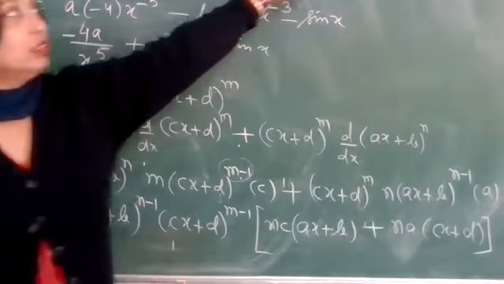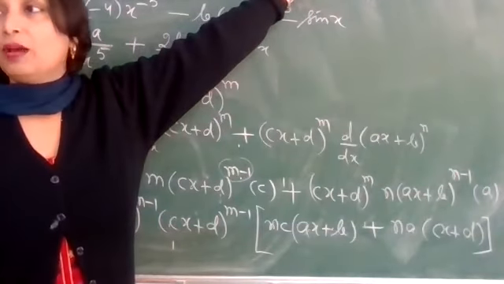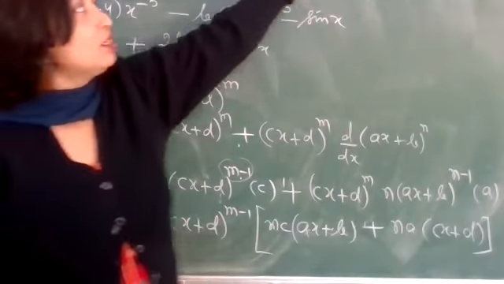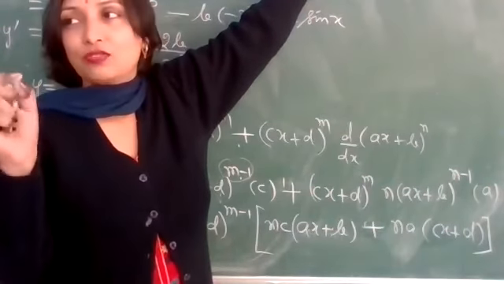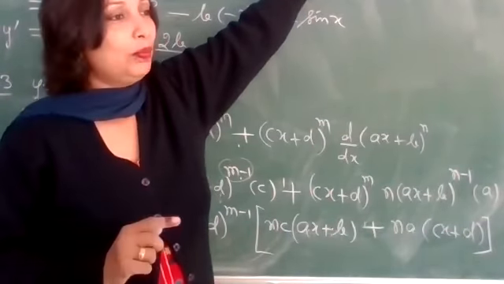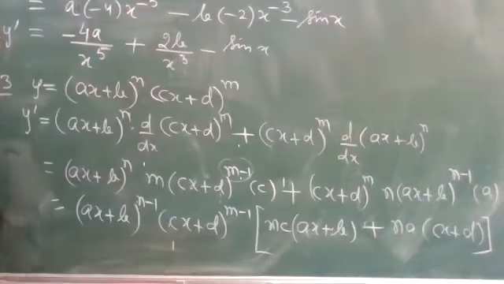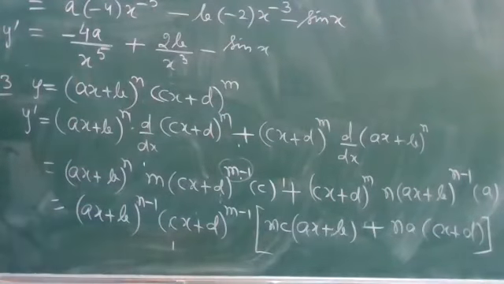Is this clear? When we take n minus 1 common, the power was x raised to the power n, so minus 1 plus 1, plus 1 will be left. And further we cannot simplify this, so leave the answer here only. This is y dash. And in the final answer you have to write y dash.